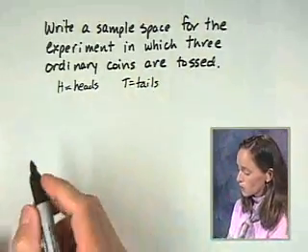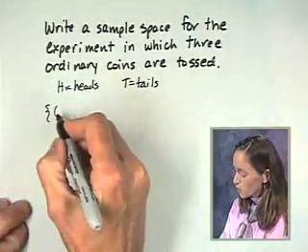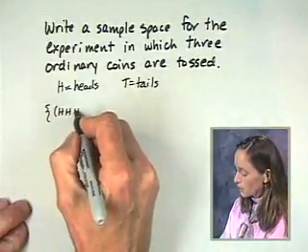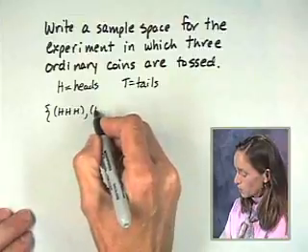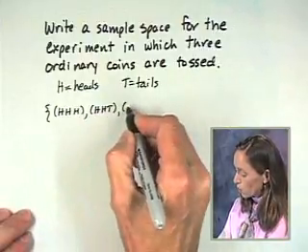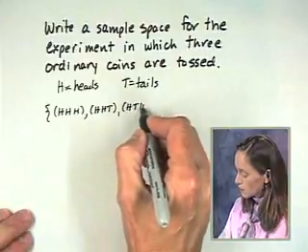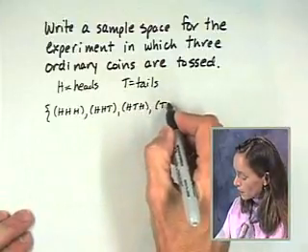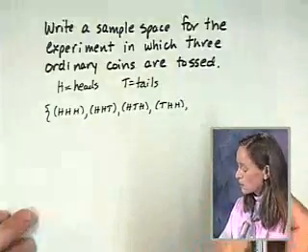Now we're going to toss 3 coins, so it's possible that they all end up as heads. It's possible that the first is heads, the second is heads, the next tails, or we might have heads, tails, heads, or we might have tails, heads, heads.